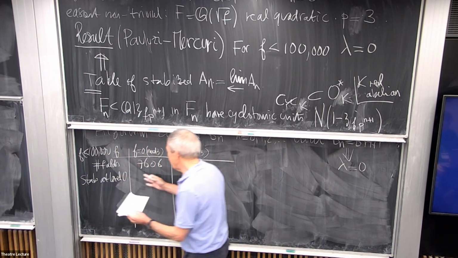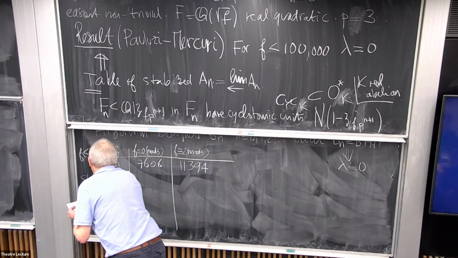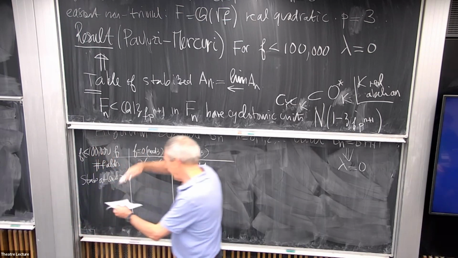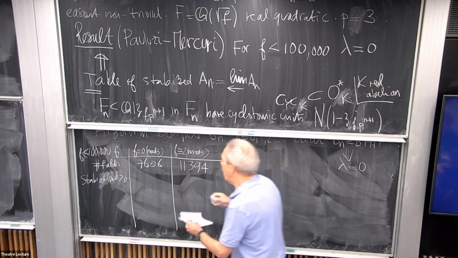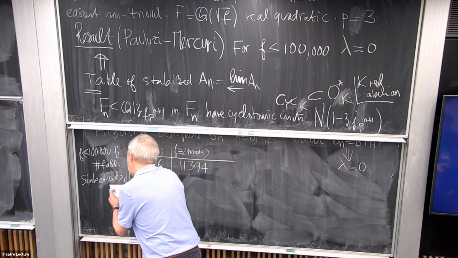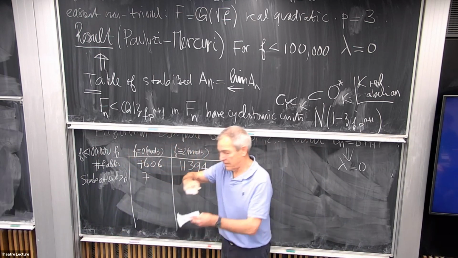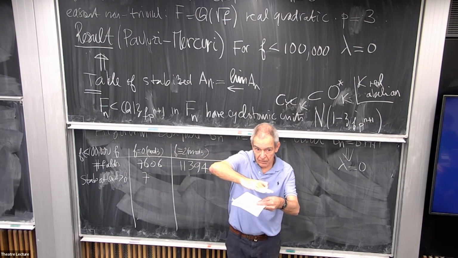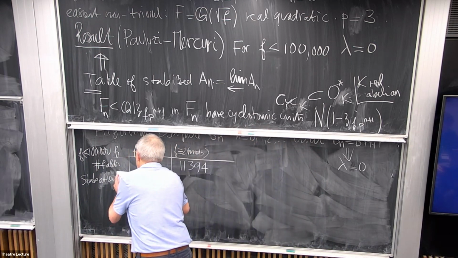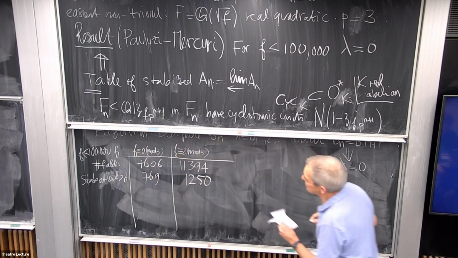But I'm not interested in those. I'm interested in the ones that stabilize at a level larger than 0, higher up, where there is some tower. I hope I don't make again an index mistake. The number of fields that have a non-trivial level is 769 in this case, and 1250 in this case.